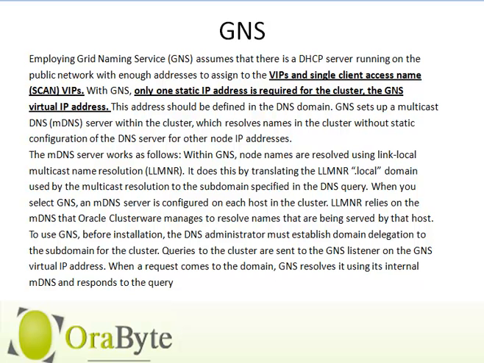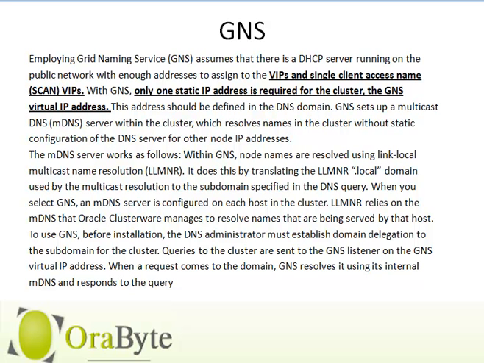We will show you using Windows in our practical, and the idea is that the queries sent to the cluster are sent to the GNS listener. Right? There's one static IP address that is for the GNS virtual IP. Using that virtual IP, there will be a GNS listener, which is listening for the name resolution.